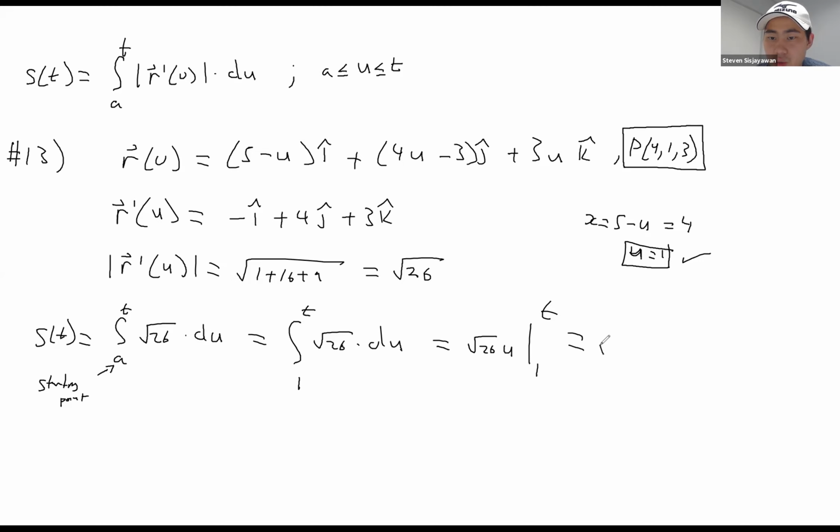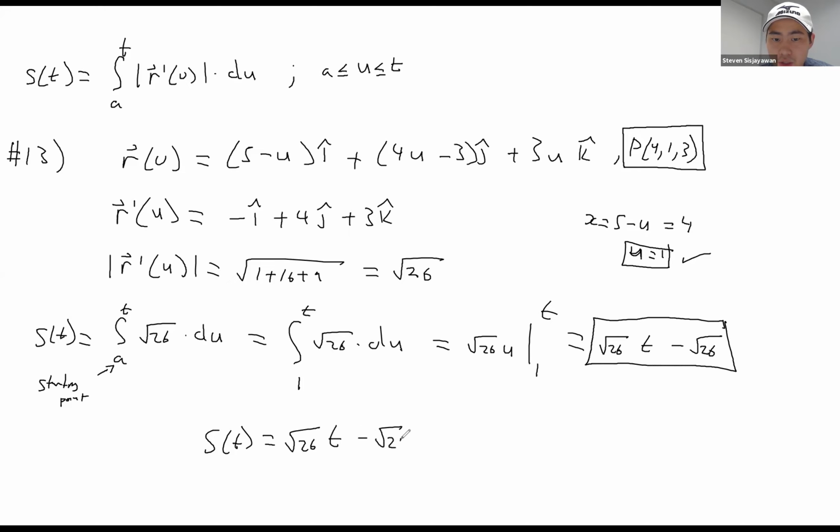Evaluating this, I get square root of 26 t minus the square root of 26, and this represents your arc length function. So if I were to write this down, s of t is equal to square root of 26 t minus square root of 26. This basically represents the distance from the starting point in terms of time.